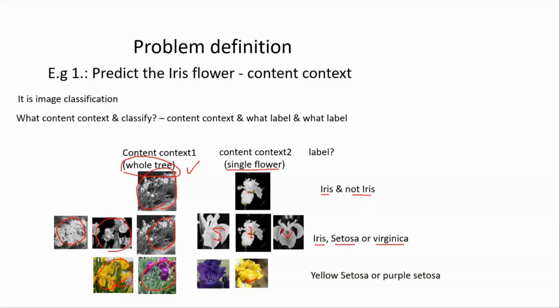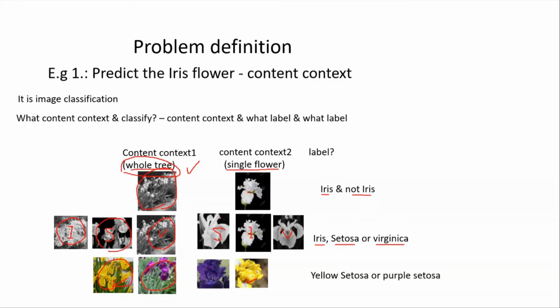We don't care about the tree, the leaf, and so on. We only consider the whole flower, a single one in the whole photo. You can have the same iris, setosa, virginica, but for the whole tree. So this is virginica, this is setosa, this is iris. Okay.